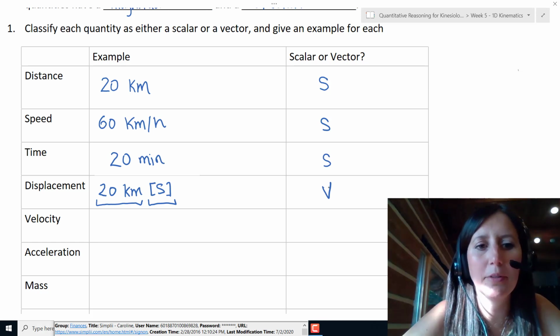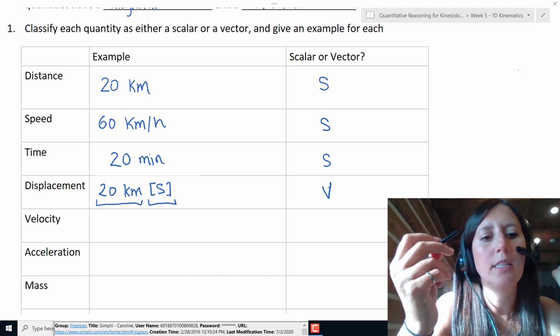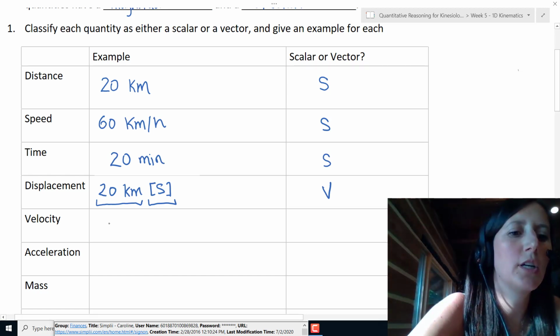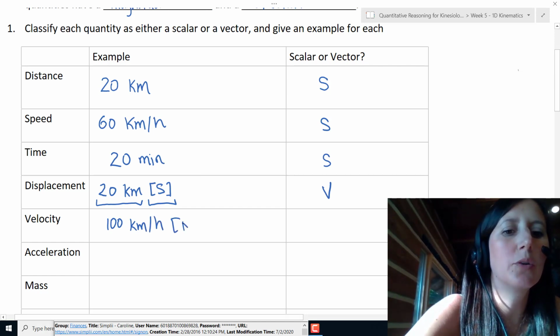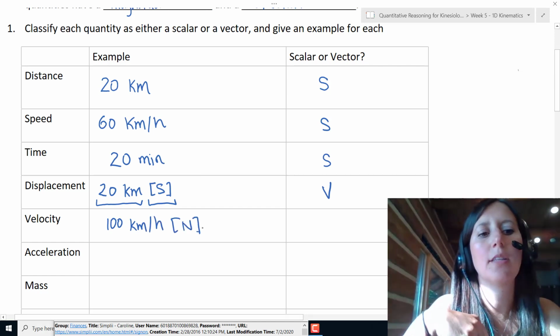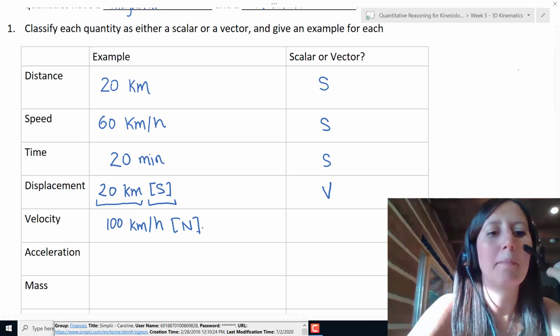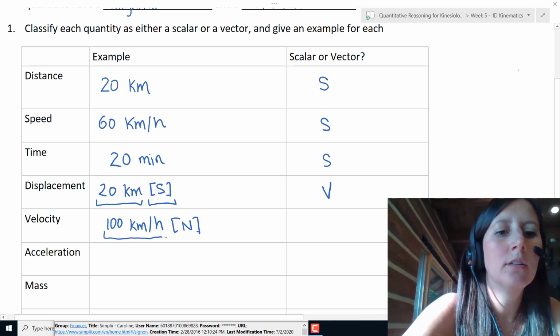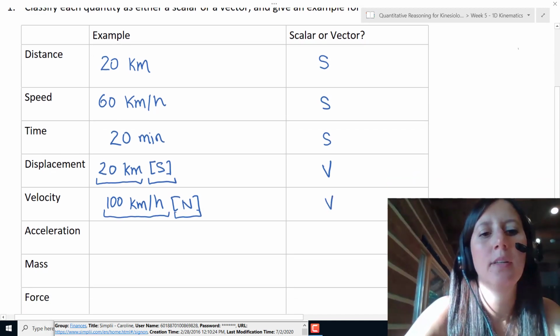So let's say my velocity when I'm driving up to the cottage is on average 100 kilometers per hour, and we're traveling north. That would be my velocity, and that is a vector because there is both a magnitude and a direction.